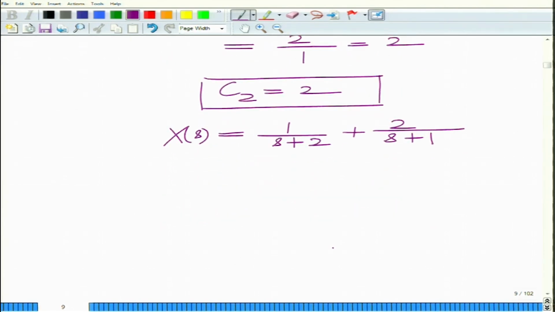Now, you can see the ROC is real part of s less than minus 2, which basically implies that this is a left handed signal. Okay.